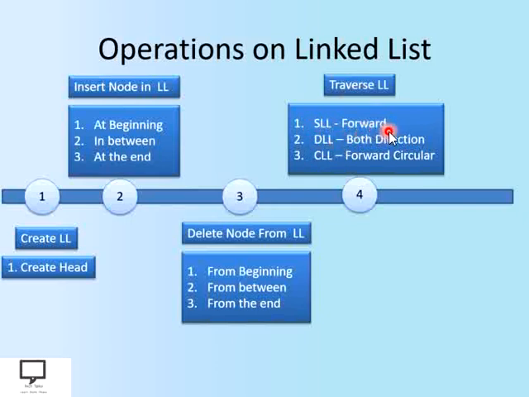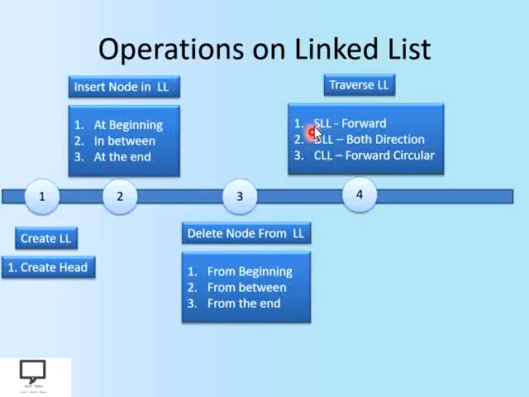Yes, we can traverse it in the reverse direction as well, but for that we have to write some different or extra logic. As this is a singly linked list, it can be traversed in a single direction only. A DLL can be traversed in both directions, and a CLL again in the forward direction but in a circular way.